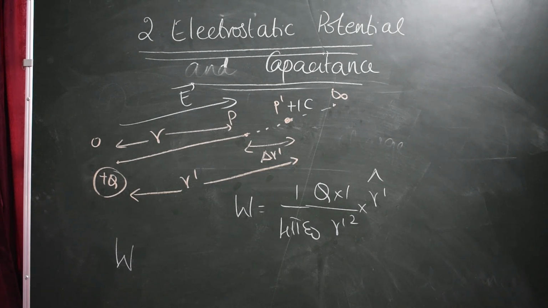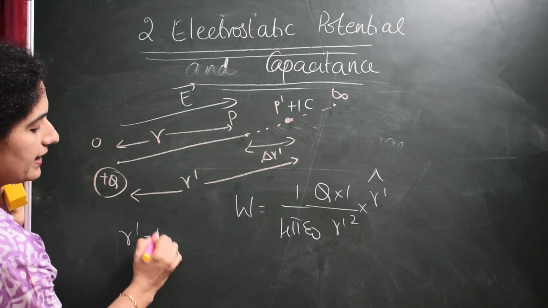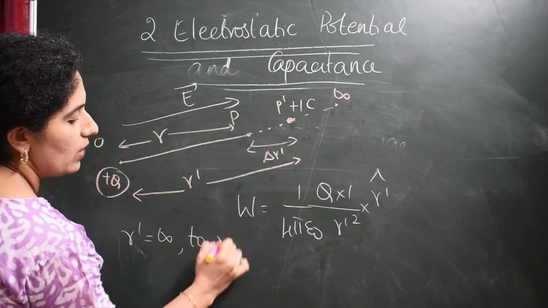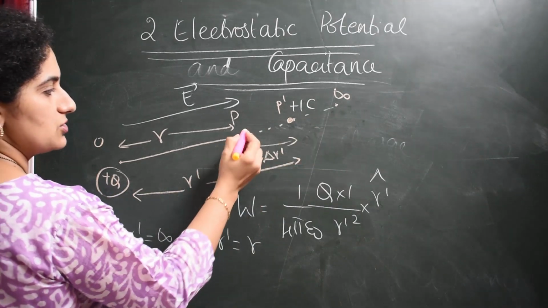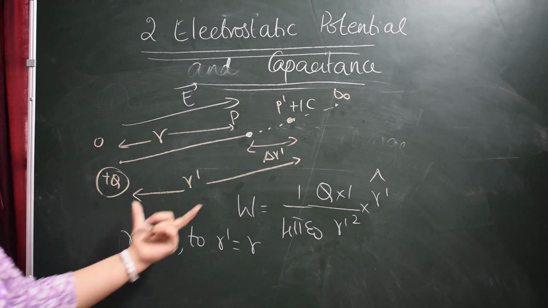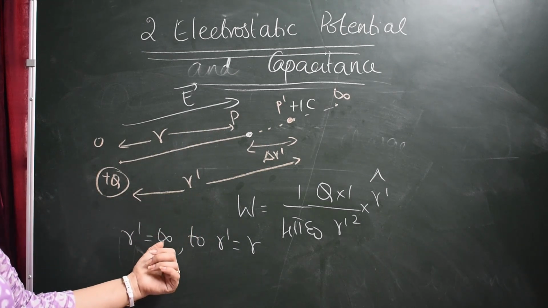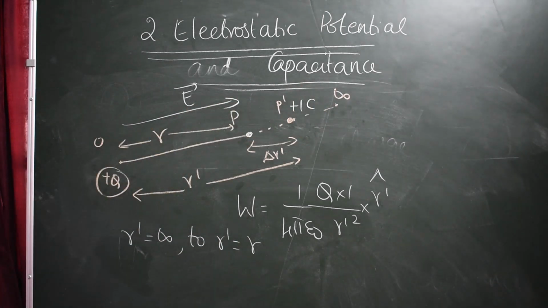So when we consider this r dash from infinity to r dash is equal to r, from infinity to this position, we are calculating this at point P. So the total distance from infinity to the point r, that is what we have to calculate now.